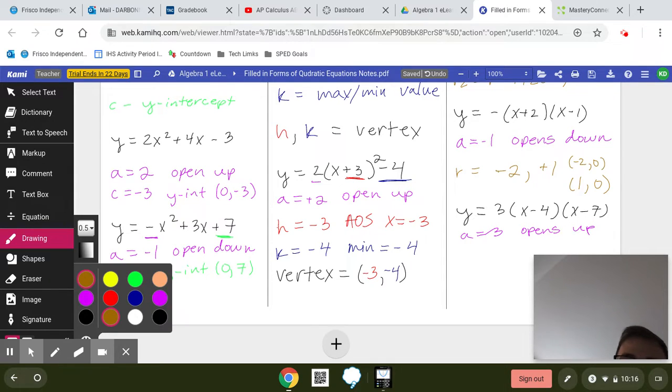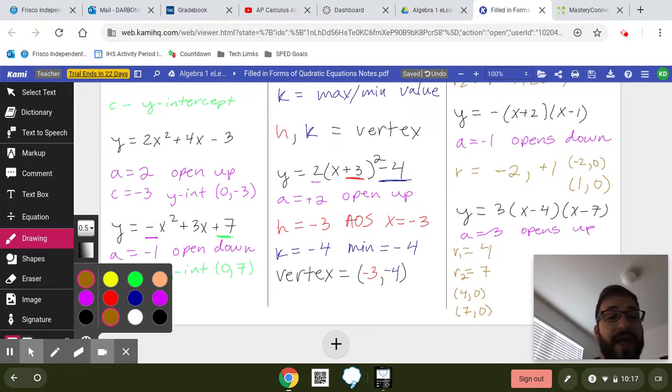And then our roots are equal to positive 4 because we switched that negative 4 around, and positive 7. And if we wanted to write them as actual points, 4 comma 0 and 7 comma 0.